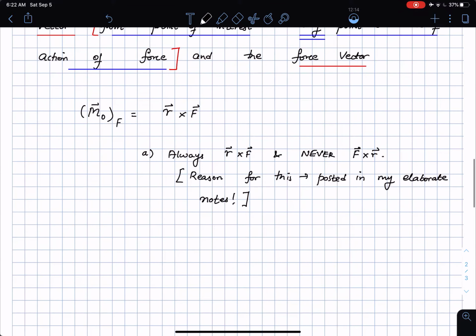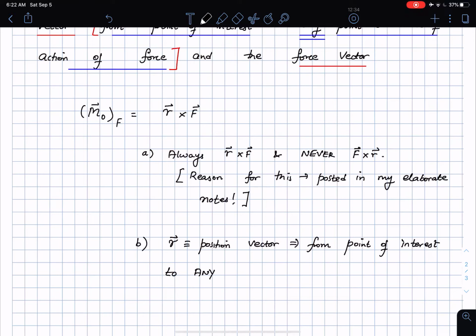The other thing is that this R vector, which is the position vector, is from the point of interest to any point on the line of action of the force.